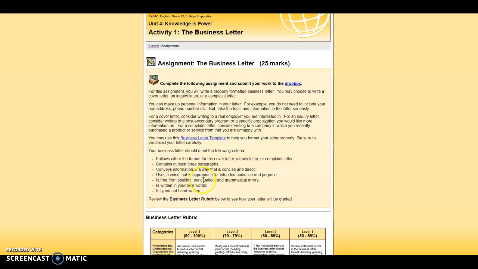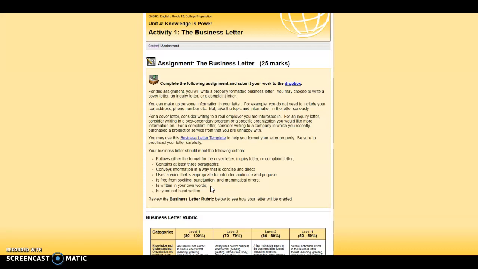You want to use a voice that is appropriate for the intended audience and purpose. So again, you want to be polite. You don't want to come across as angry or pushy. You want to check, of course, your spelling and punctuation and grammar. You want to write the letter in your own words. Again, I can't mark something that's been taken from a website or that has previously been submitted to me.